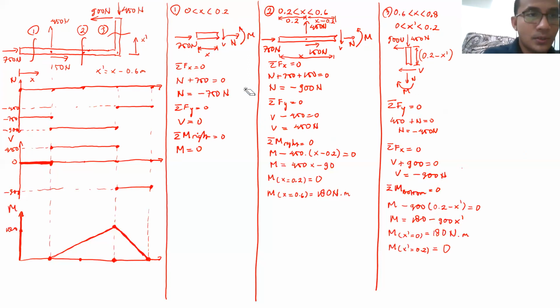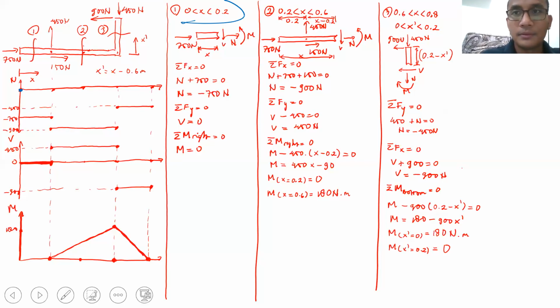That's why you can draw it here from x equal to 0. Remember, this is for x equal to 0 until x equal to 0.2.